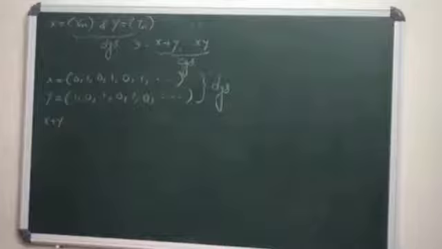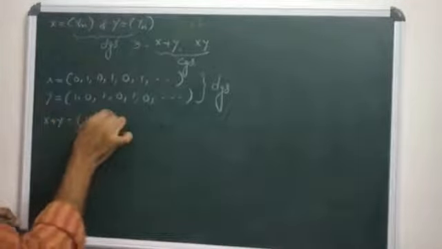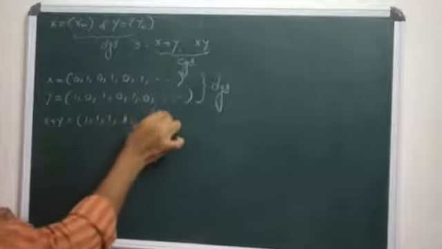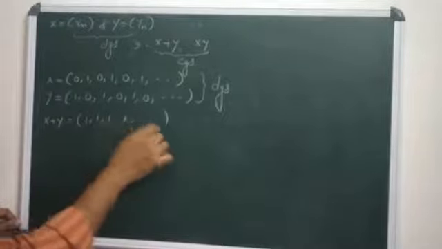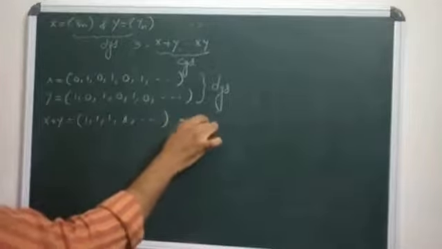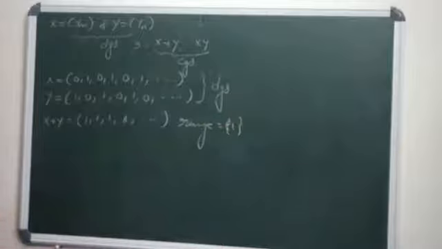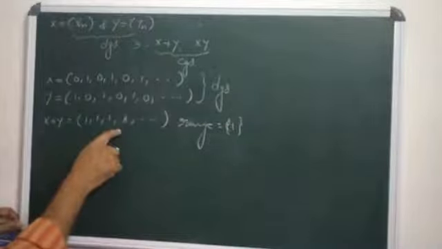Okay. So what is x plus y? X plus y is 1, 1, 1, 1, etc. That's a constant sequence. Why? Because what is the range of the sequence? Its range is a singleton, 1. So that's a constant sequence. So x plus y converges to 1.